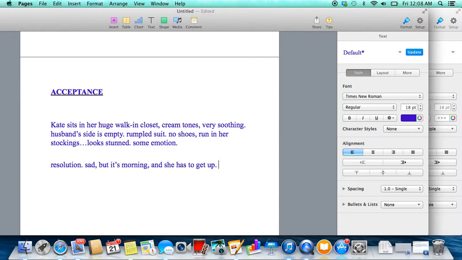And so, feed the kids, doesn't know where the cereal is kept, something like that. So these are things that I see for her as she moves into acceptance.